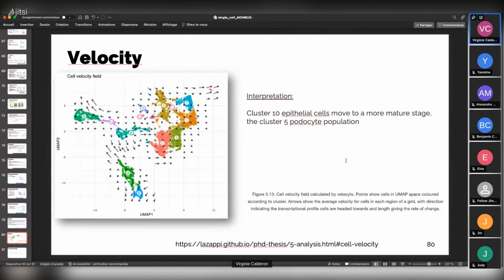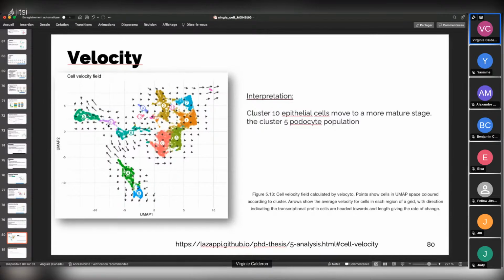I will just put one figure here. You can produce a lot of representations with the Velocyto package. Here, for example, we have two clusters, cluster 10 and cluster 5. We see the arrows that represent the direction where the cells are going, okay? That means that the cells in cluster 10 tend to become cells in cluster 5.